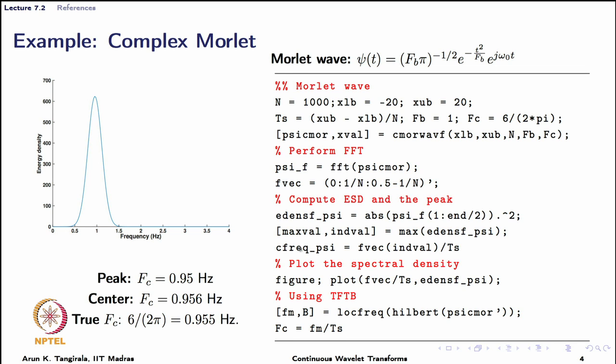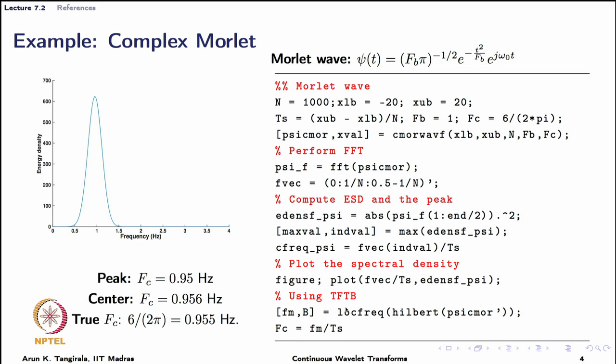Therefore, to correctly compute the peak frequency, although I call it cfreq_psi, it is actually the peak freq_psi. I convert the discrete time frequency, or the frequency of the discretized signal, to the continuous time frequency, that is the frequency of the continuous time wave, through the sampling frequency, and I have information on the sampling frequency at the top here.